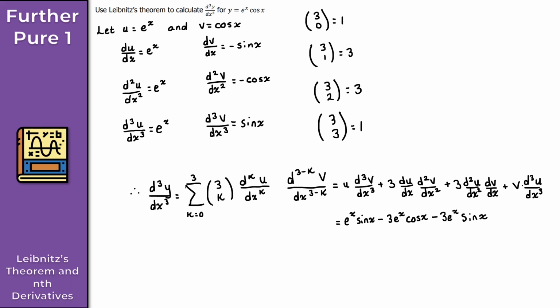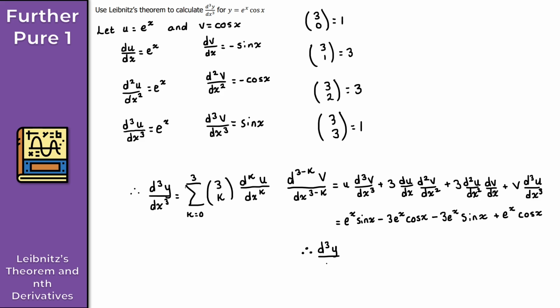And then finally here we have v times the third derivative of u. So the third derivative of u here is just e to the x, times that by v, which is cosine x. So what I get here then is plus e to the x cosine x.